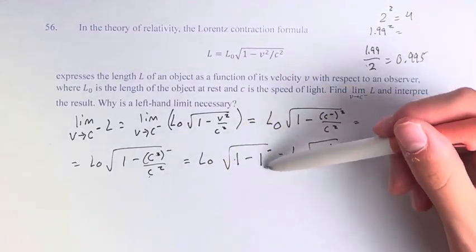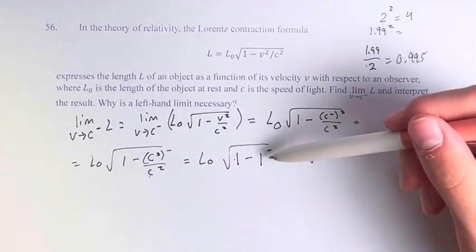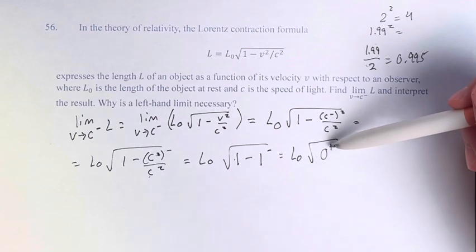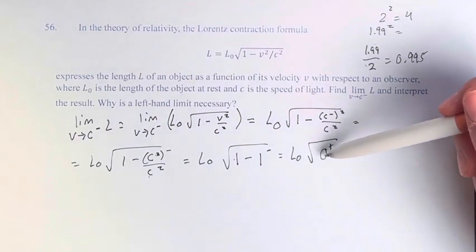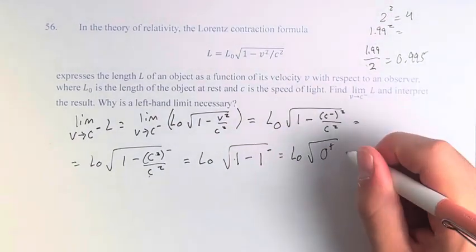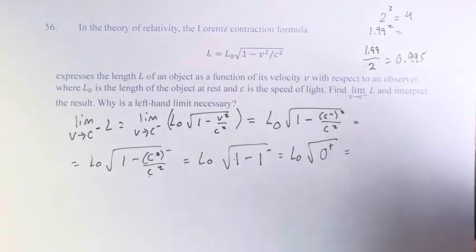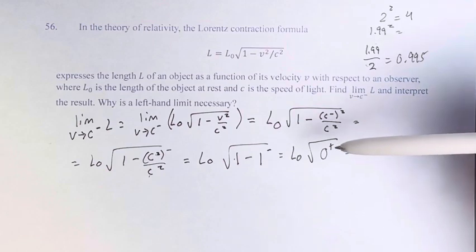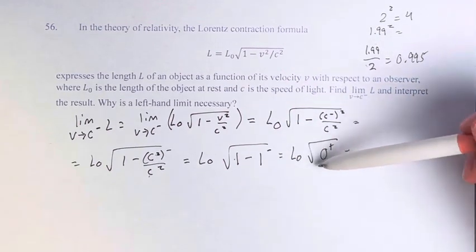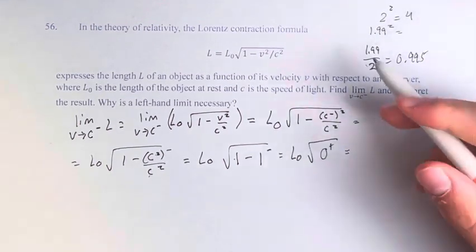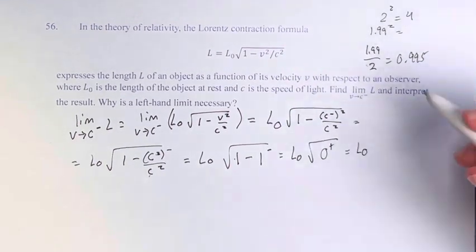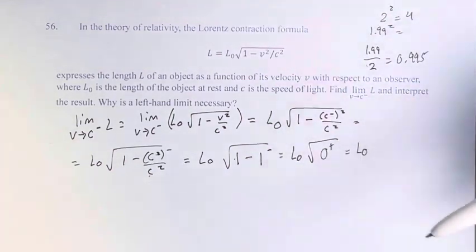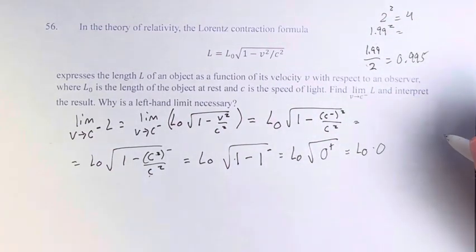And since we're subtracting a very, very slightly smaller than 1 number, the difference is going to be very, very slightly larger than 0. And therefore, we are taking the square root of numbers that are very, very close to 0, which means that we are just approaching 0.